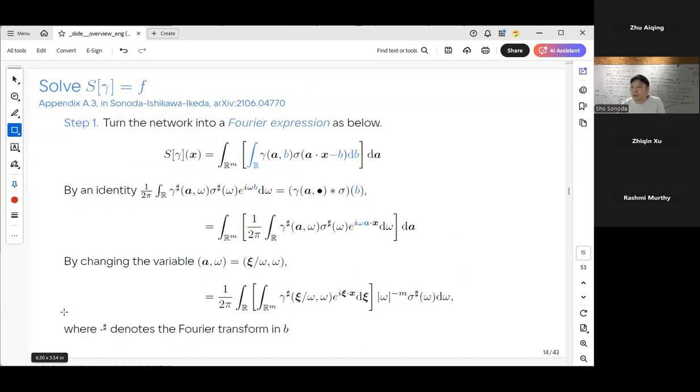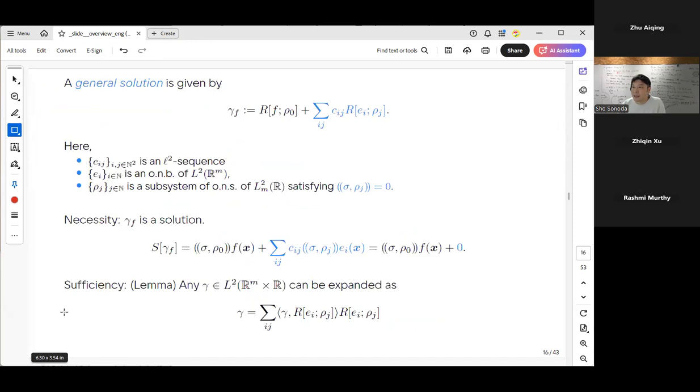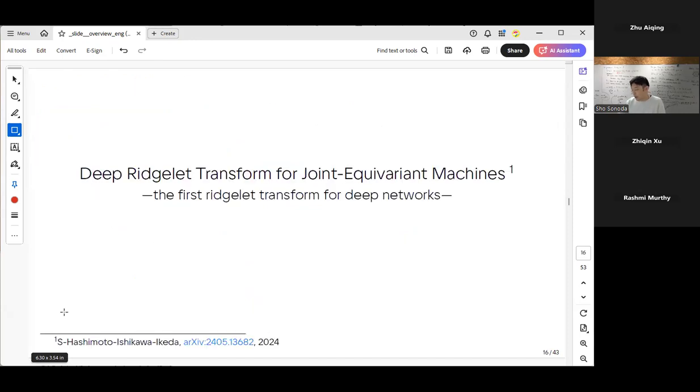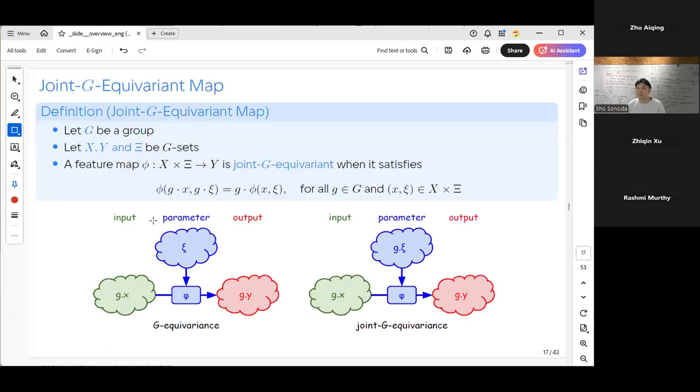Okay, I will skip these three slides. These are methods by Fourier expressions, and if I have time, I will explain this method. So let's move to the deep Ridgelet transform for joint equivariant machines. I first introduce the feature map.